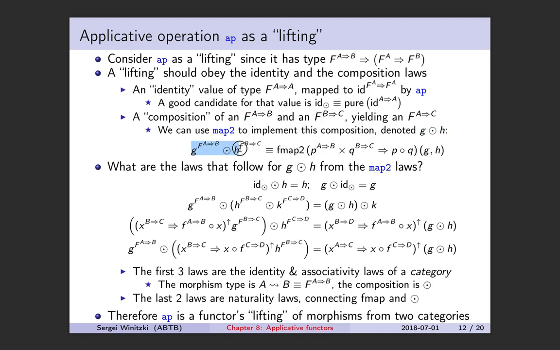So we will define it now using this code, which is fmap2 of gh, where the function takes a to b and b to c and returns just the composition of these two, p and then q.